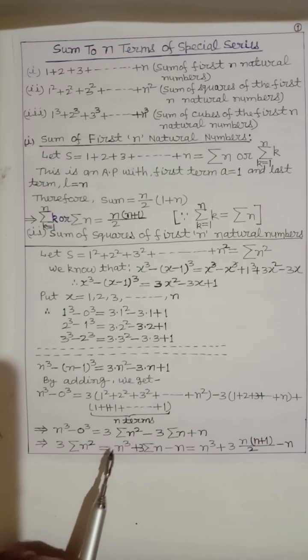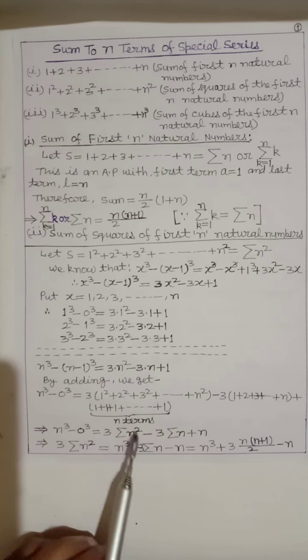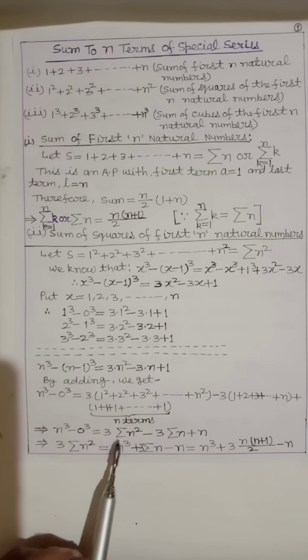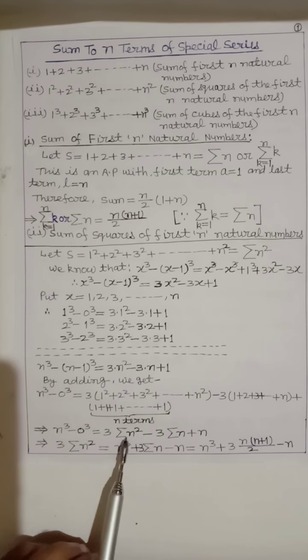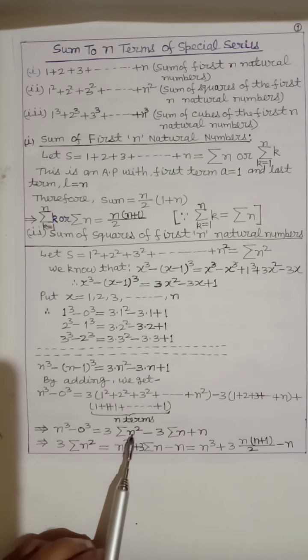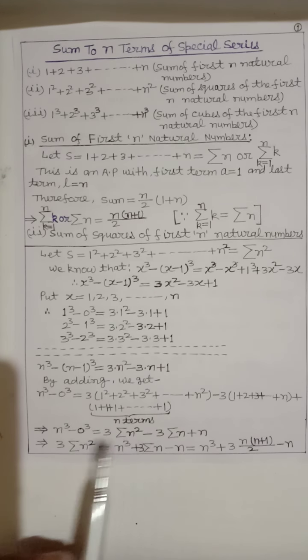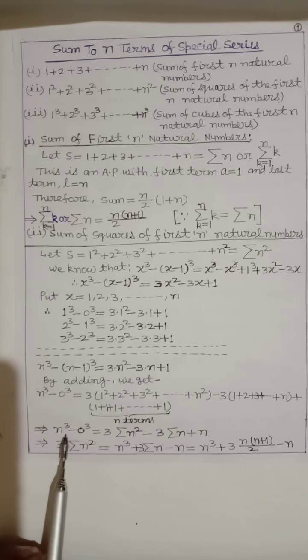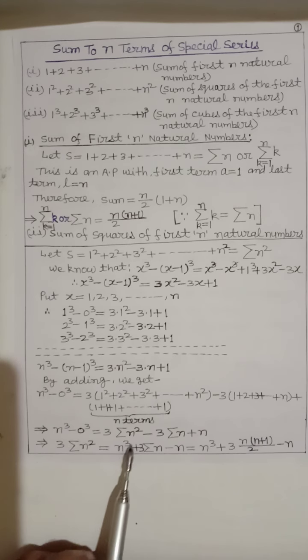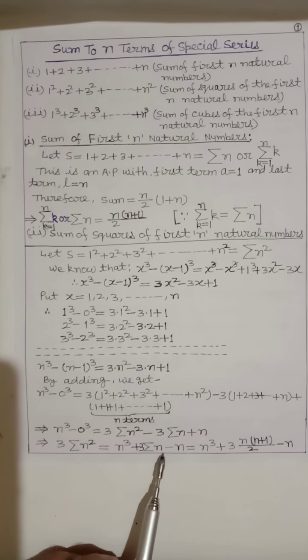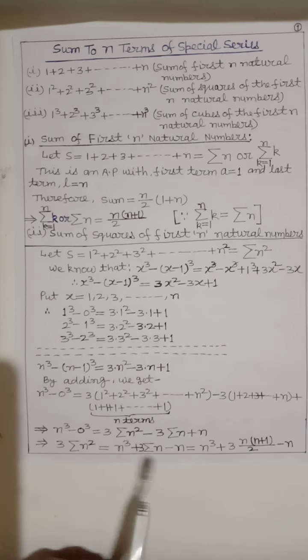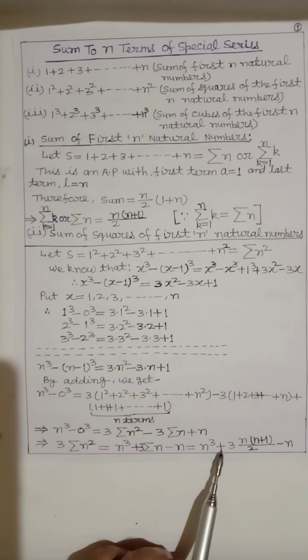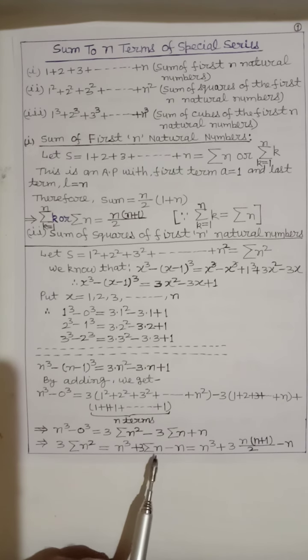And here we have to find sigma n square, so keep this on one side: 3 sigma n square equal to, if we transfer to the other side, n cube plus 3 sigma n minus n, and this is equal to n cube plus sigma n.